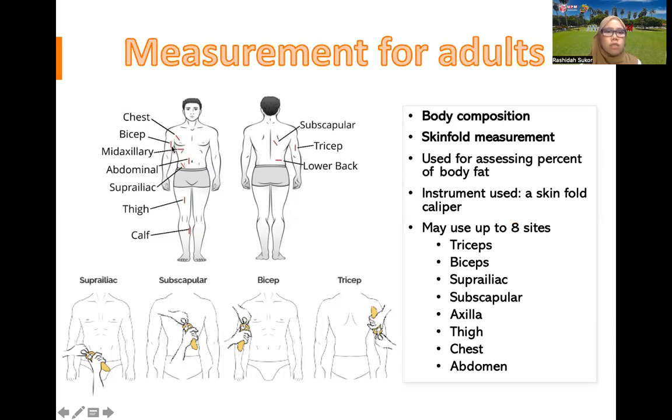You can measure on the tricep, subscapular, lower back, chest, bicep, mid-axillary, abdominal, suprailiac, thigh, and calf. This is a typical skin fold measurement using a caliper.